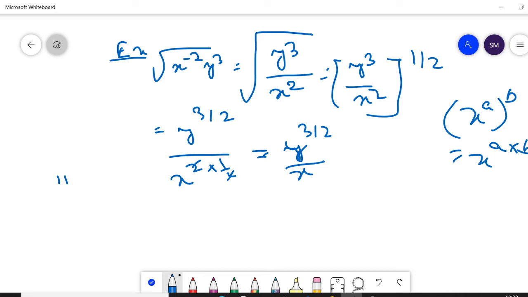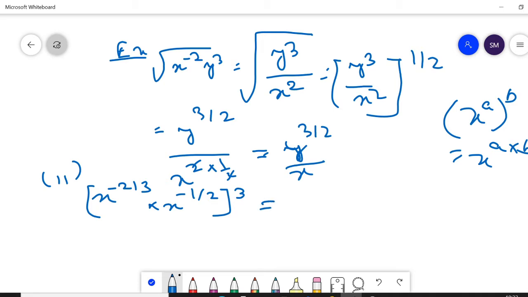Then solve another example. x to the power minus 2 by 3 into y to the power minus 1 by 2, then whole to the power 3.